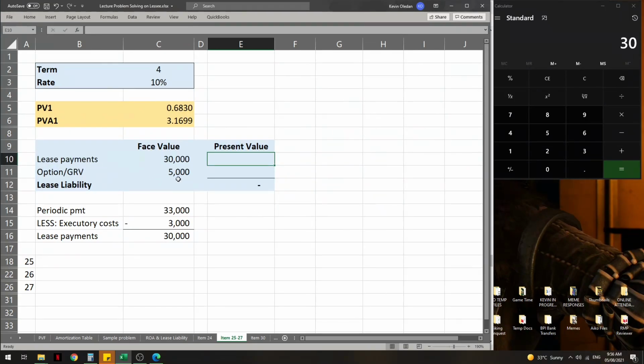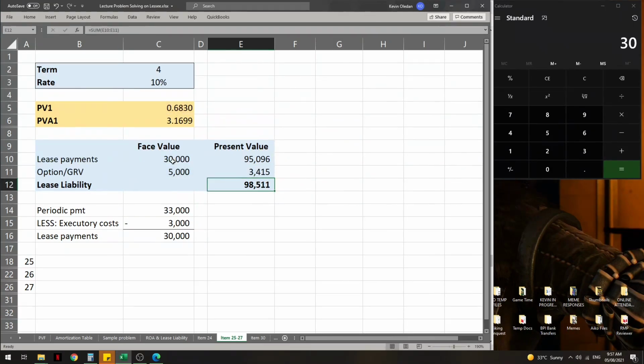Lease payments muna. So this is going to be 30,000 multiplied by your present value annuity of 1 for 4 periods at 10%, we arrive at 95,096. Also, for the option, this one, since it's only a one-time payment, we will use present value of 1.